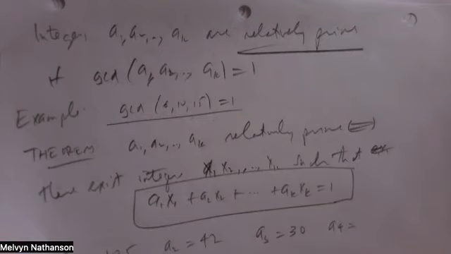So for example, if we take a1 equal to 105, a2 equal to 42, no, a3 equal to 70, and a4 equal to 30.